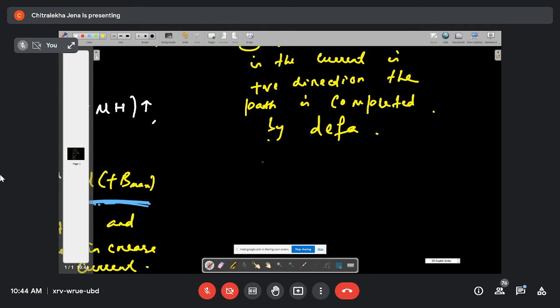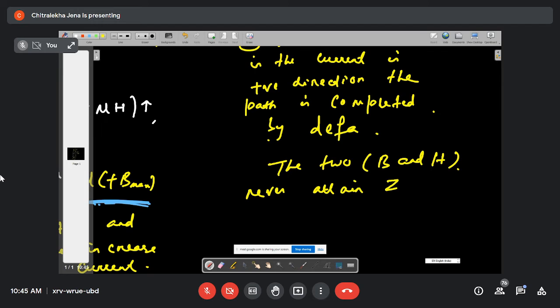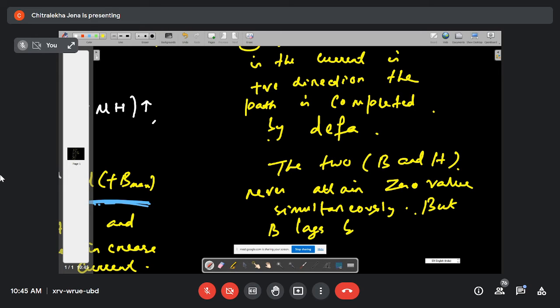You will see that B and H never attain 0 value simultaneously. Literally the meaning is to lag behind, but B lags behind H. All of you are clear?